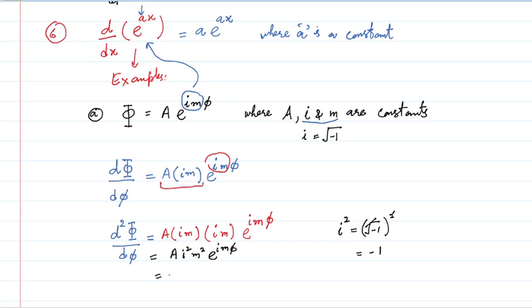This iota square will be simply equal to minus 1, so I will simply write the minus in front of this. So this will be equal to minus a m square e raised power iota m phi.